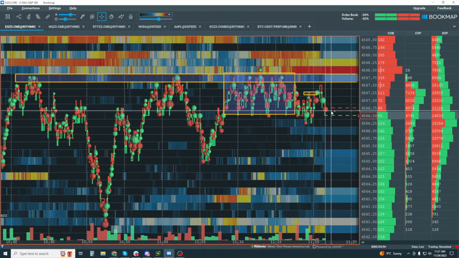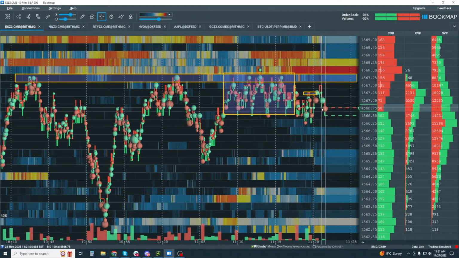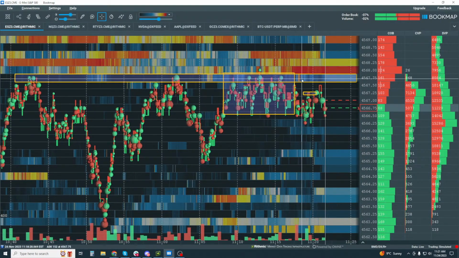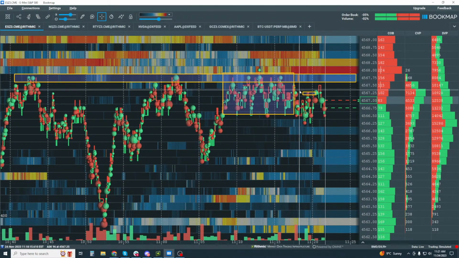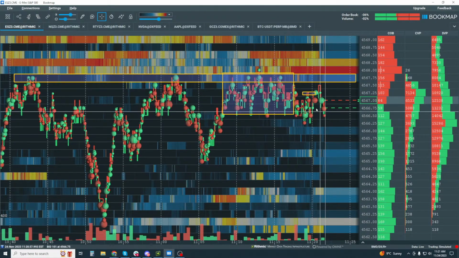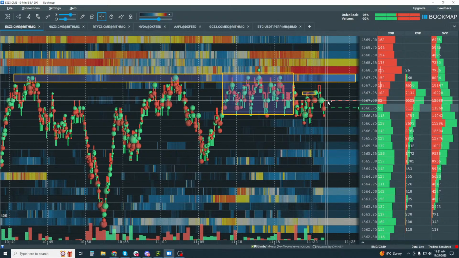Now, it's this context again of liquidity that we really want to understand between liquidity, price structure, and the aggressors. Okay, and then we can look into the potential move in here.